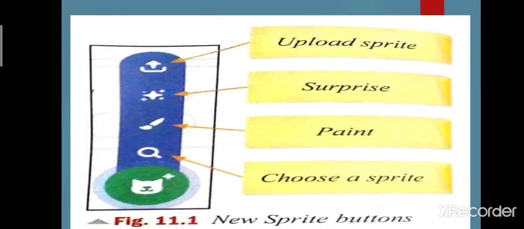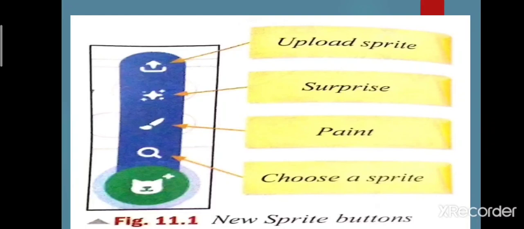Figure 11.1 is showing you how you are going to upload the sprite. The top one is for uploading the sprite, so you are able to upload the sprite by using this button. The next button is the surprise button, and the next one is paint.